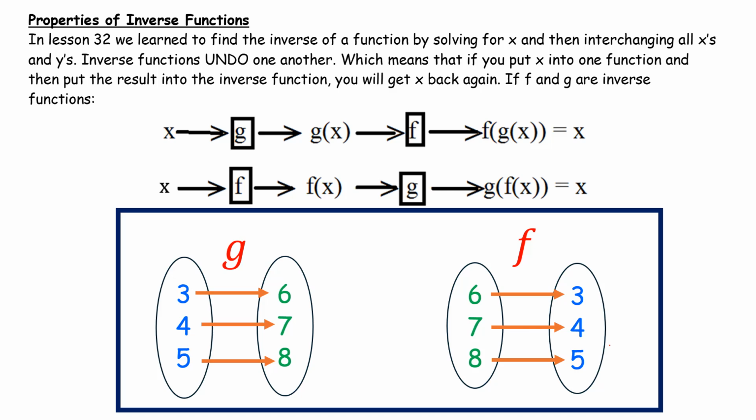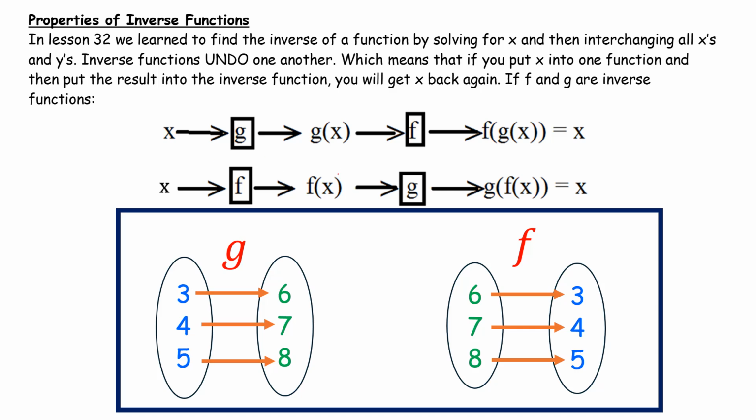So if f and g are inverse functions, then you take x, some member of the domain of g, and put it into the g function, and then g of x comes out. And then when you take that and put it into the f function, then that is f of g of x, and you get x.